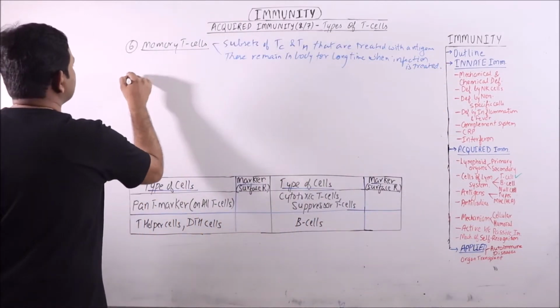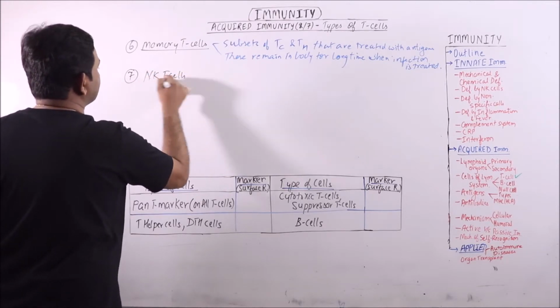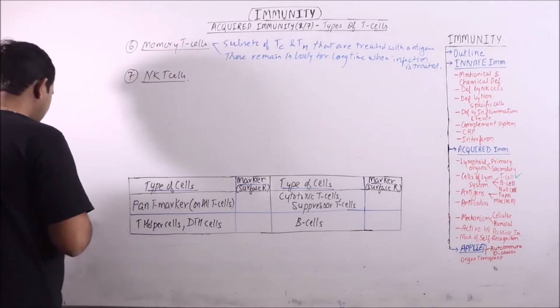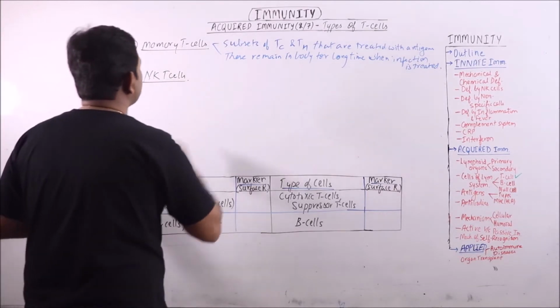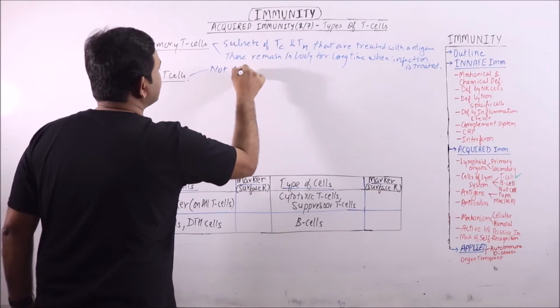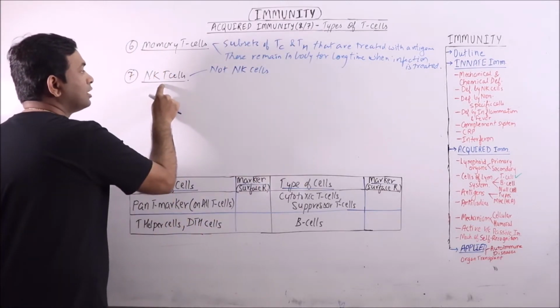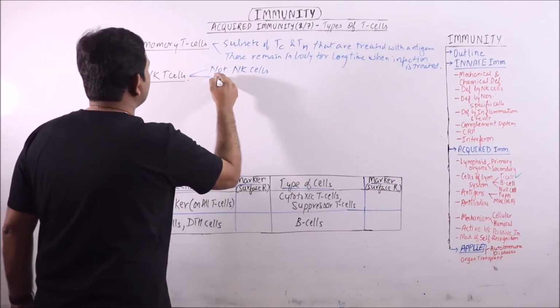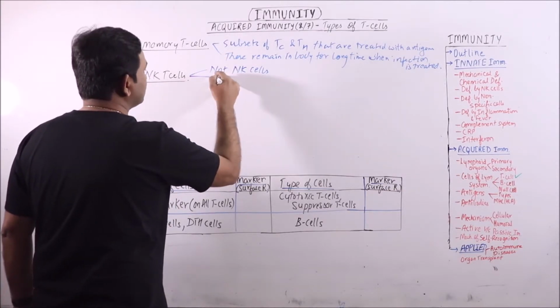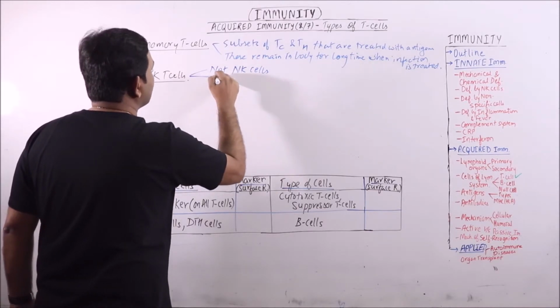Another type is NK T cells, natural killer T cells. These are not natural killer cells. These are natural killer T cells. These have properties of both natural killer cell and T cell. These are not MHC restricted.